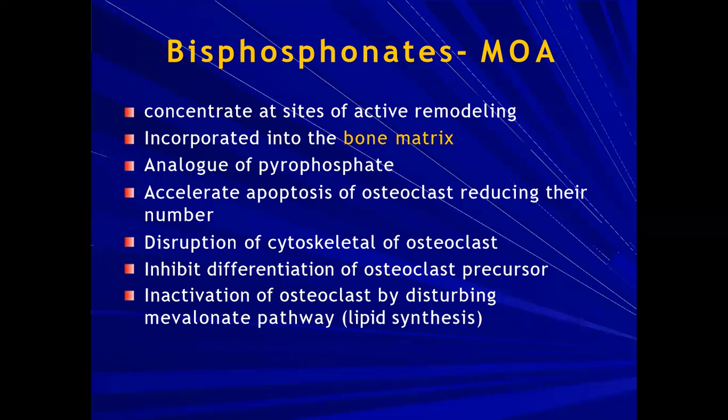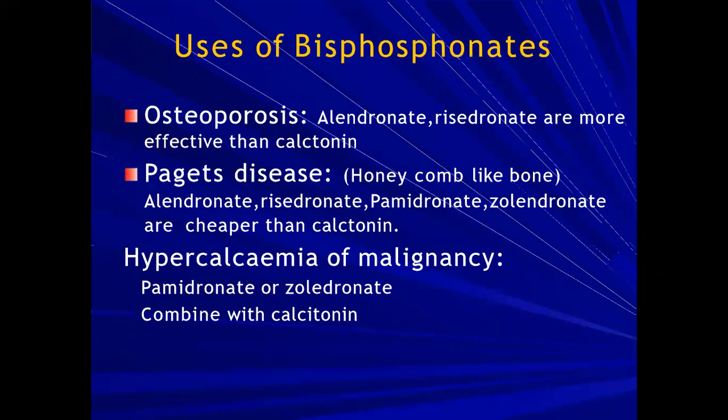They accelerate apoptosis, a programmed cell death of osteoclasts, and reduce their number. Disruption of the cytoskeleton of osteoclasts inhibits differentiation of osteoclast precursors and inactivates osteoclasts by disturbing metabolic pathways in lipid synthesis. That is the mode of action of bisphosphonate.